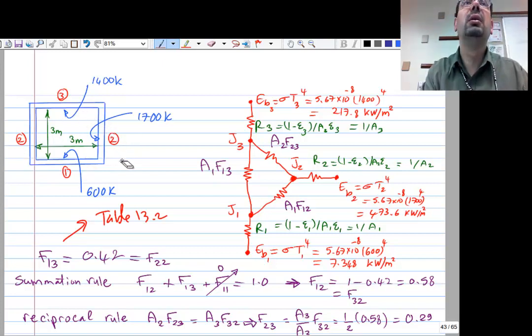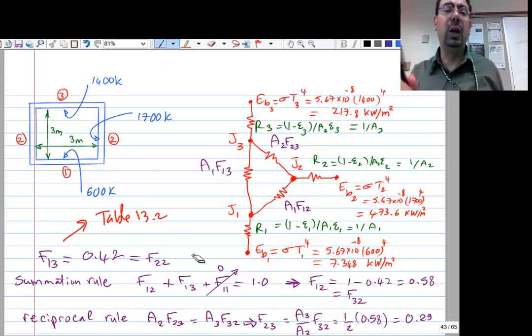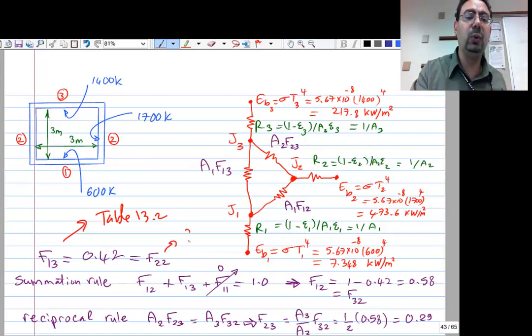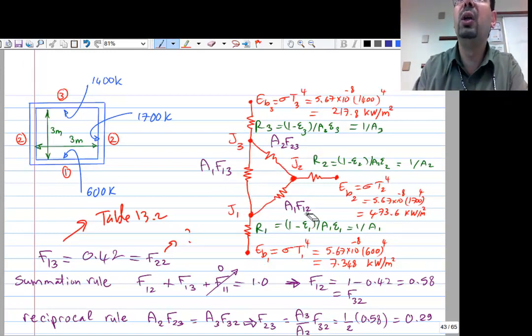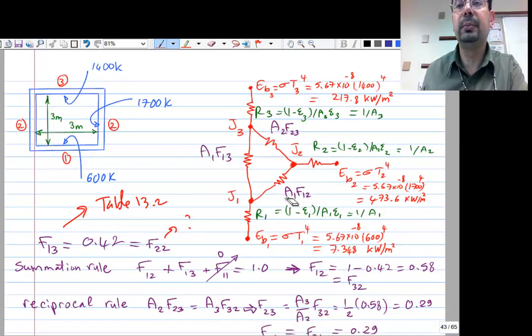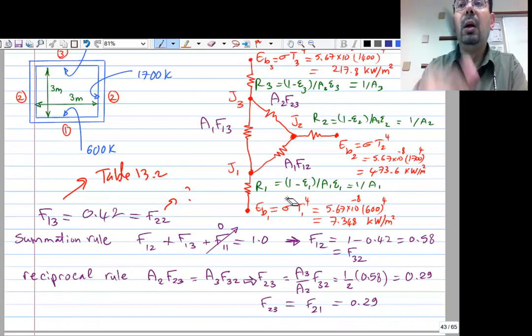So right now you are wondering, well, why do we need F22? Because all I see over here is F13, F23, F12. Those are the guys that I would like to get. But you will see why in a second. Or actually, maybe we don't really need F22. So we just need F13.